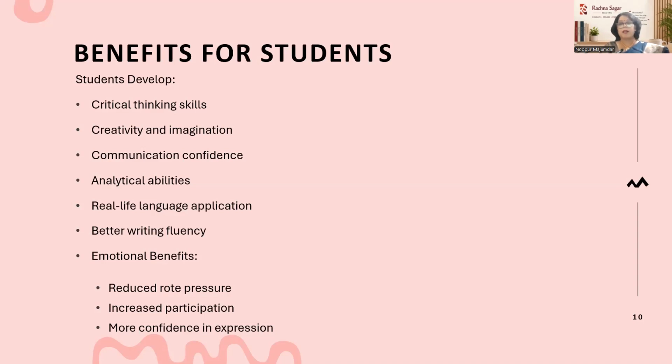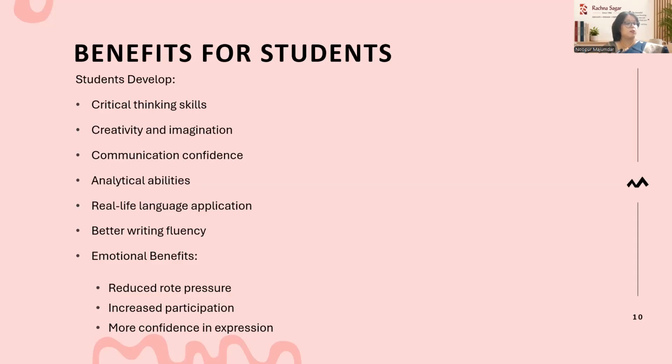First, students develop critical thinking skills. They need to think critically, right? Instead of only recalling the textbook answers, they begin to analyze the situation and how they will be able to handle that situation, right?